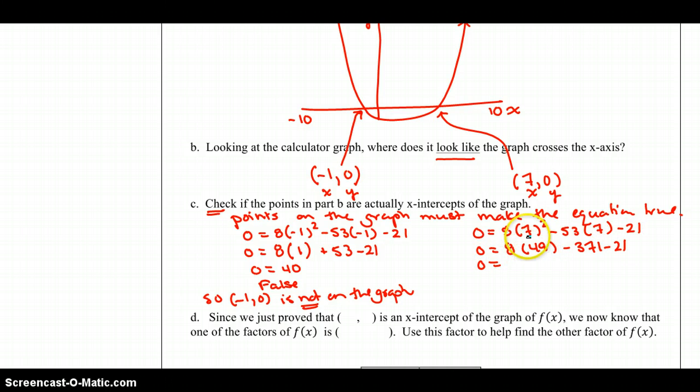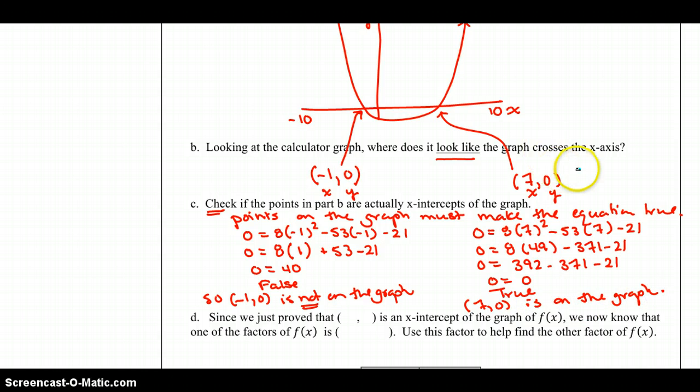And so 8 times 49 we get 392 minus 371 minus 21, and this does come out 0. So here we get a true statement. 0 does equal 0. So this tells us that the point (7, 0) is on the graph.